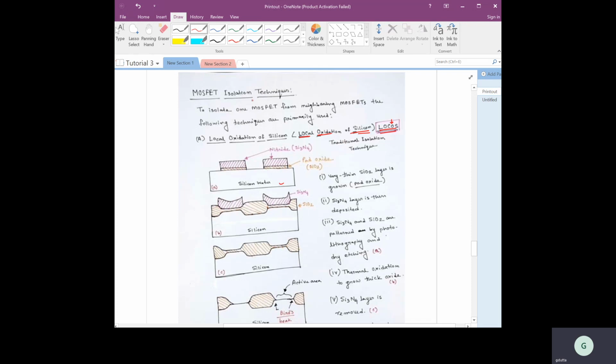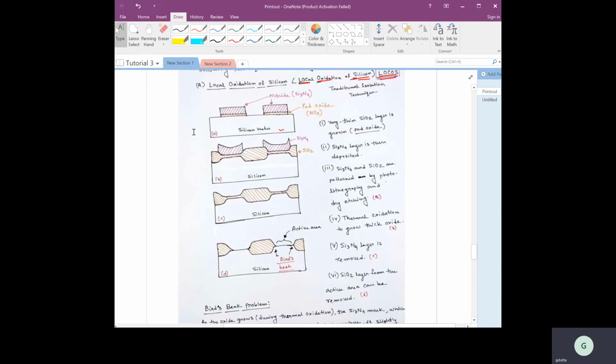Why this isolation technique is used is also clear to you: to isolate one MOSFET from the neighboring MOSFET. That is the whole purpose of MOSFET isolation. Now, what exactly is this LOCOS technique all about, and how is it used to form a structure like this?